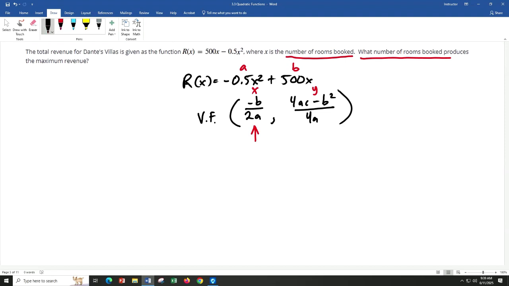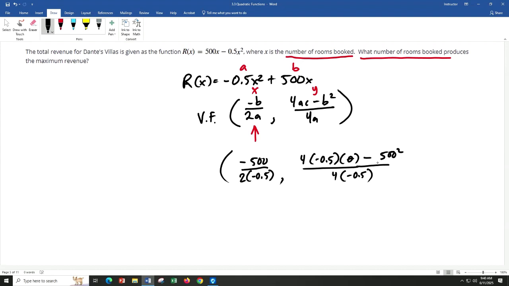I will show you though, it's pretty straightforward. I can say, hey, how about I replace that as negative 500 all over 2 times negative 0.5, comma, 4 times negative 0.5 times 0 minus 500 squared, all over 4 times negative 0.5. Now you don't have to do this part. Easy calculator work on that next one, right?